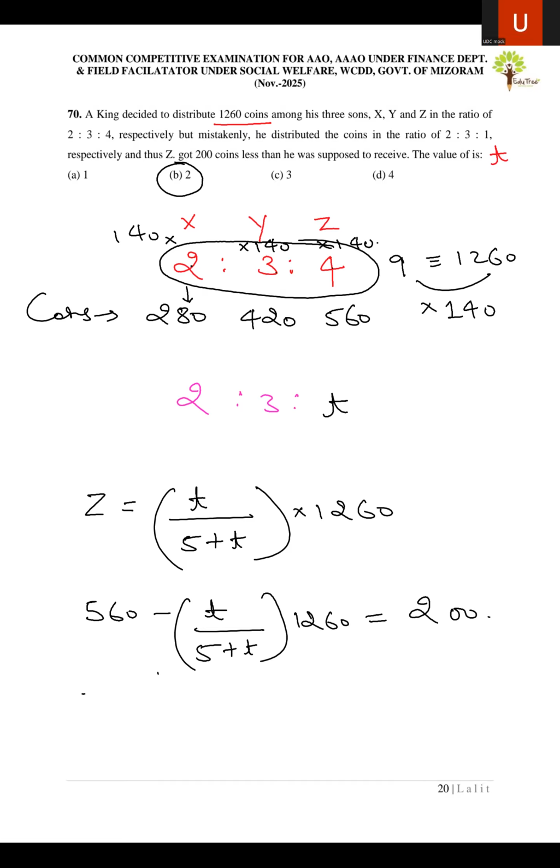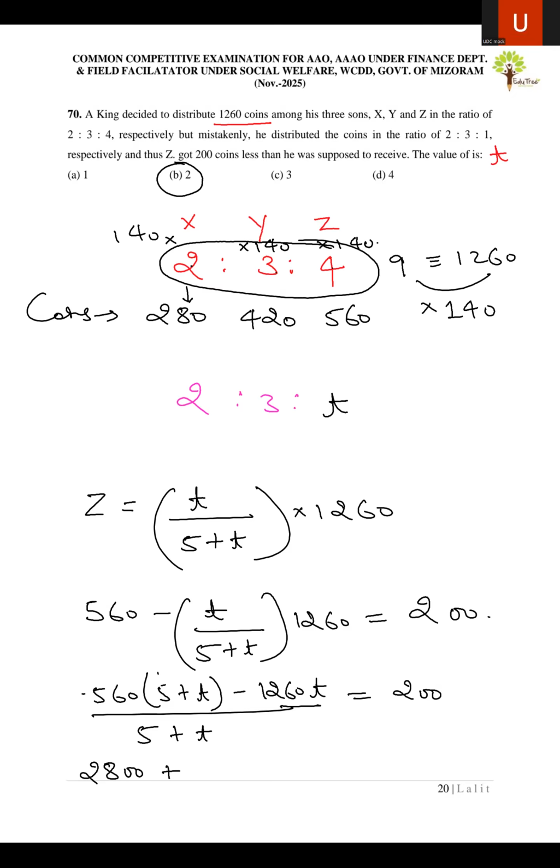So we can just take LCM in this one, and then we can write this one as 5 plus T. This is 565 plus T minus 1260T equals 200. And then solving this, we'll get, this is 5 5 25, 5 6 30, 2800 plus 560T minus 1260T.